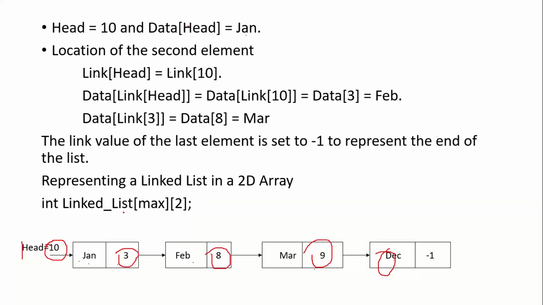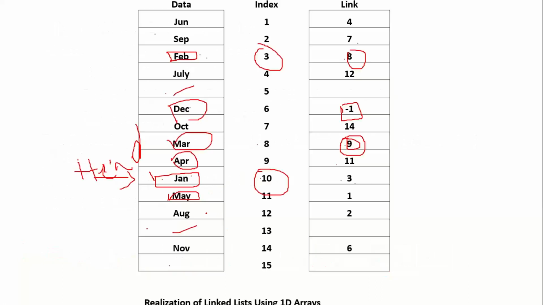Integer linked_list is the name of the list, followed by the maximum number of items, and then 2, meaning the number of columns here will be 2.